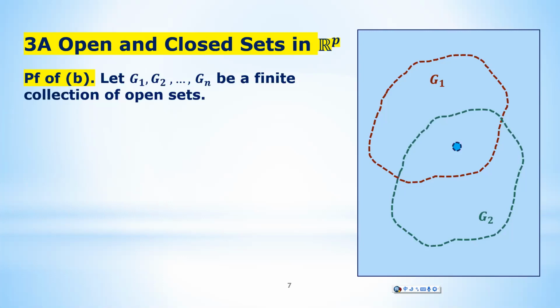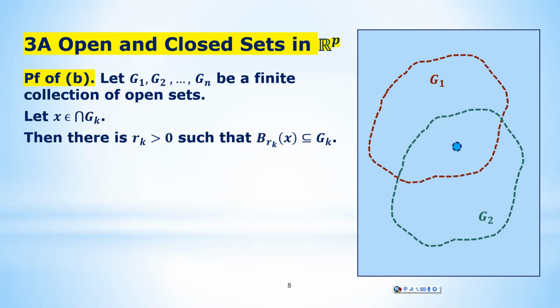Okay, so we're looking at the intersection. We're going to show that the intersection is open. Now, how do you show the intersection is open? You show that for every point in the intersection, there's a small ball which is also in the intersection. By the definition, here we pick a point x in the intersection. Because we know all the sets G1, G2 up to Gn are open, now I can apply the open set concept.